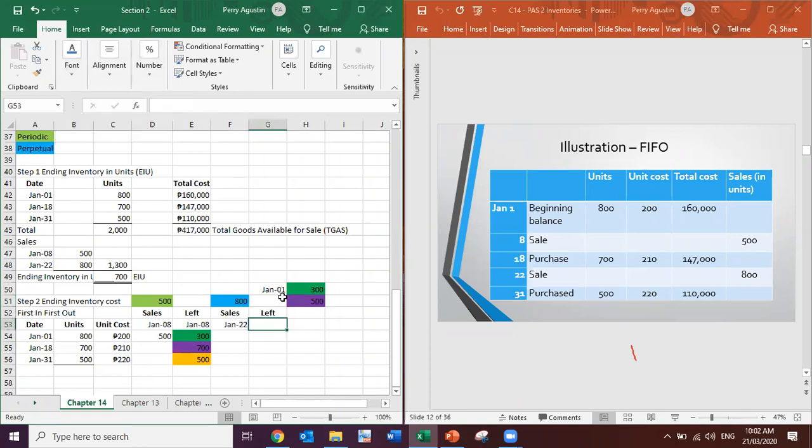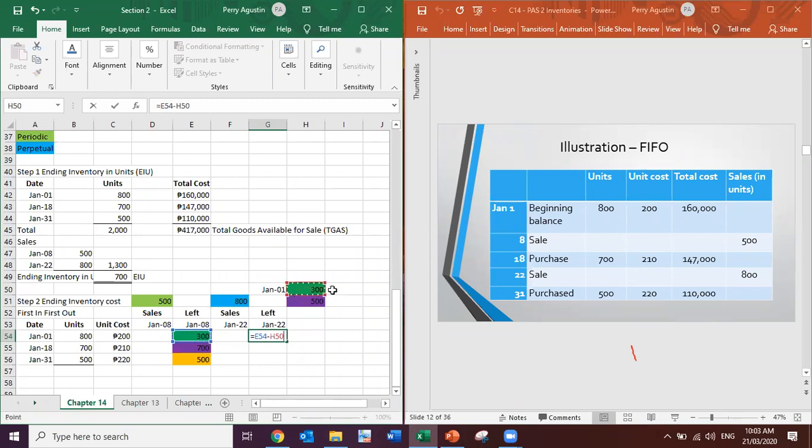All right. So as of January 22, how many inventory is still left? So let's figure out. Okay. So now, for our January 1 inventory, nabenta na ba tong 300? Yes. Nabenta na out of the 800.